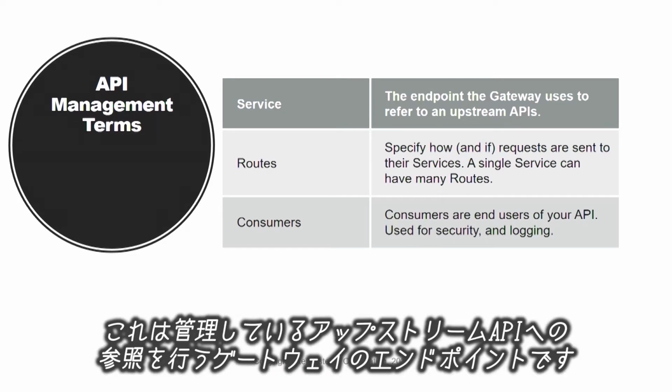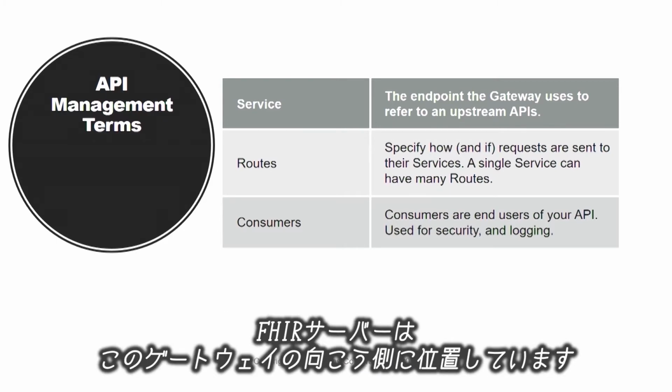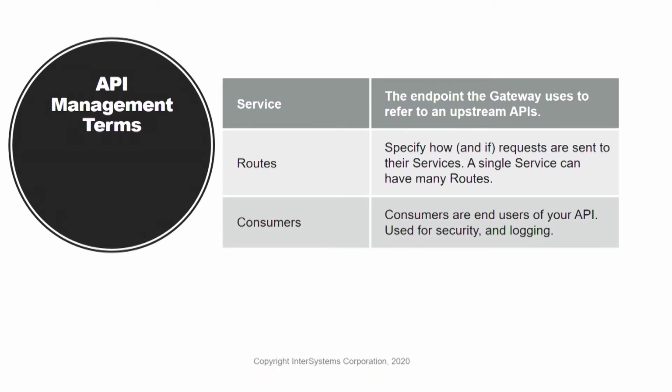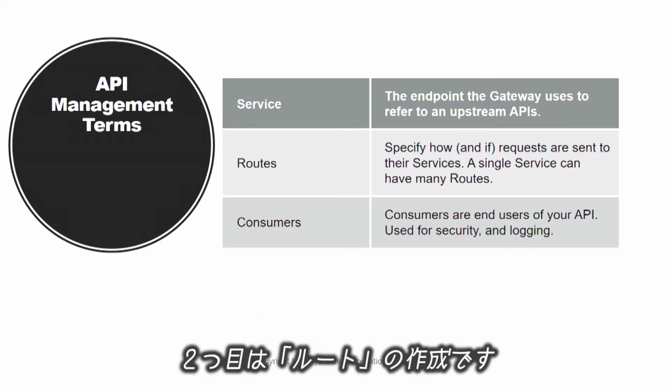A service is really an endpoint for the gateway that will refer to the upstream APIs that you're managing. So your FHIR server will be behind this gateway, and the gateway will control traffic to and from the FHIR server.